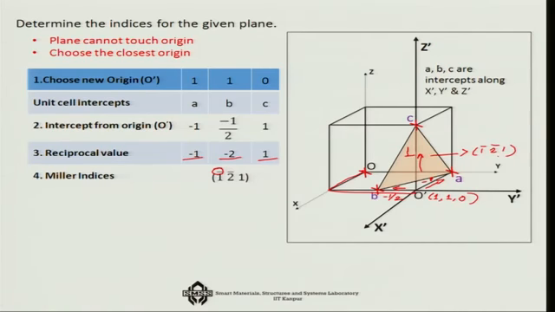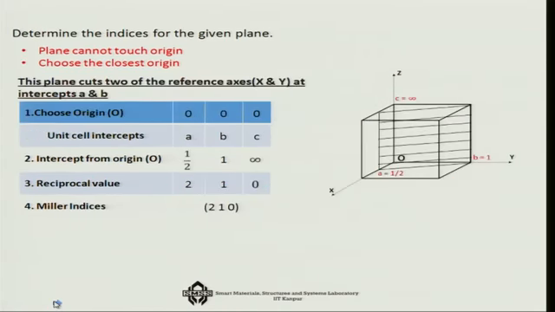So, that is how you can find, on the basis of intercepts, the Miller index of a little more complicated case. Okay. Now, let us look at the indices for a given plane.